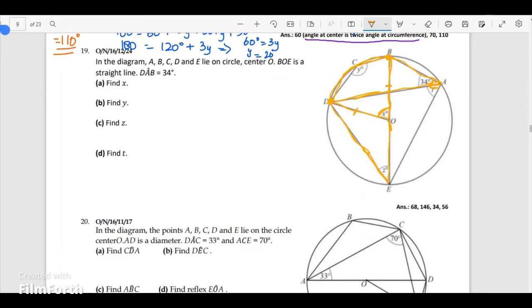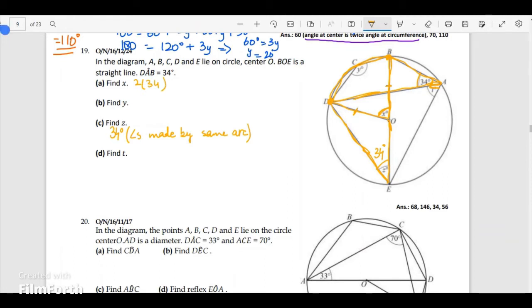So this is 34. This angle z would be 34 degrees as well. This basically is the answer of part C, 34 degrees. Why? Because angles made by the same arc are equal. Okay, and this x degrees would be 2 times 34.